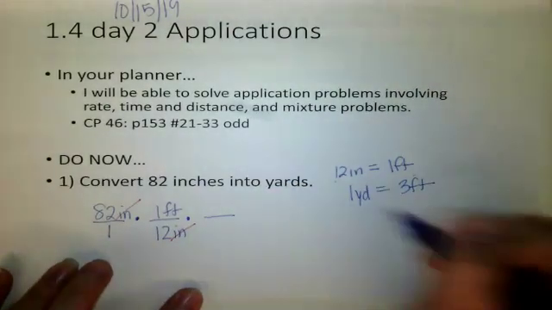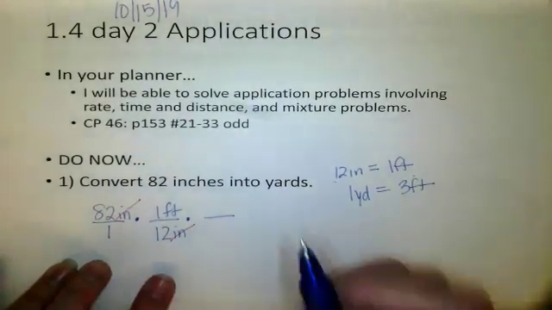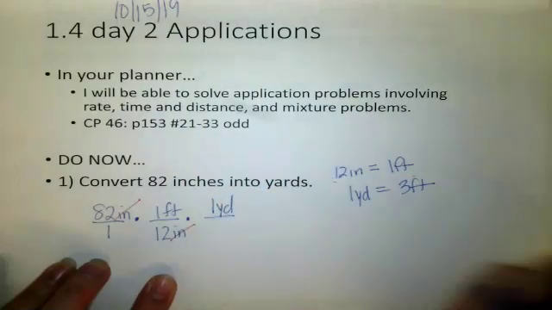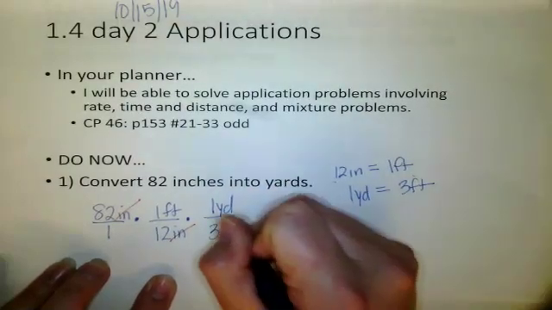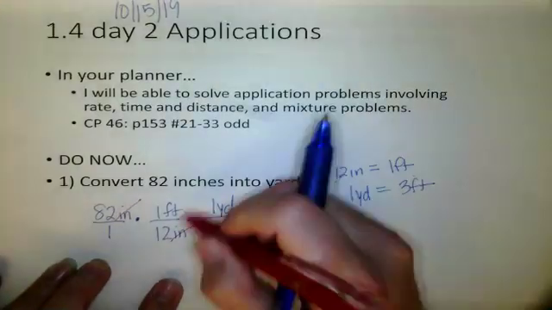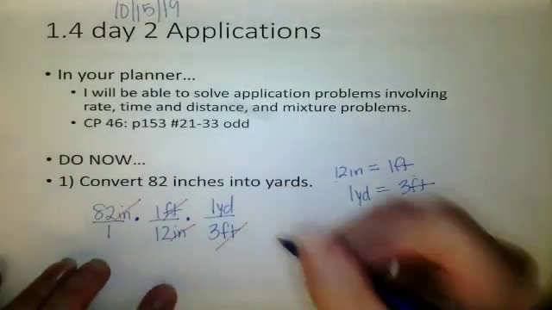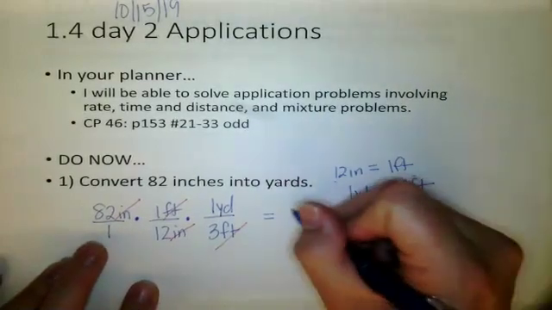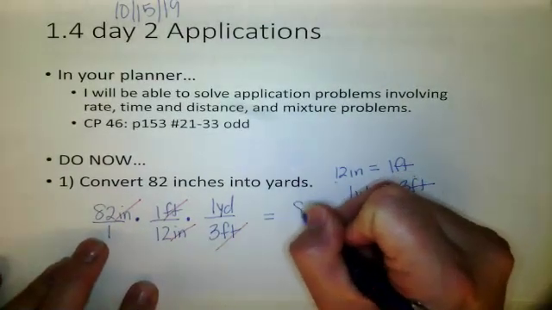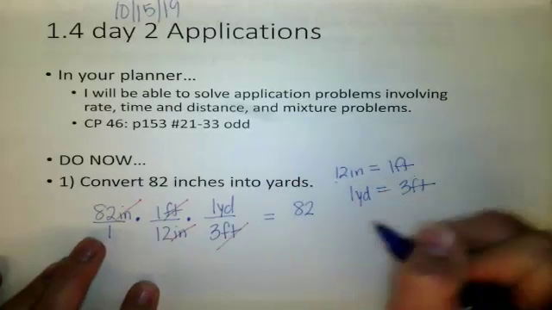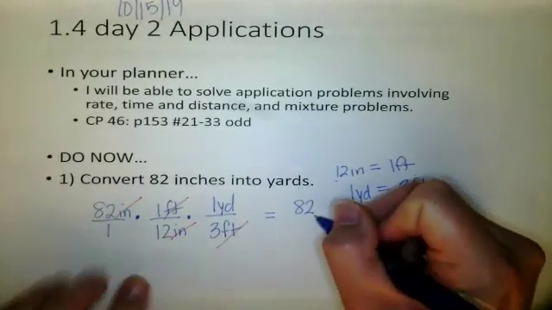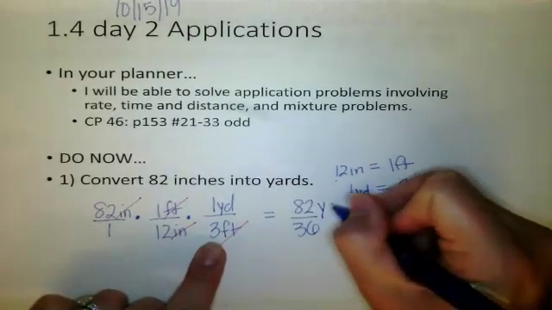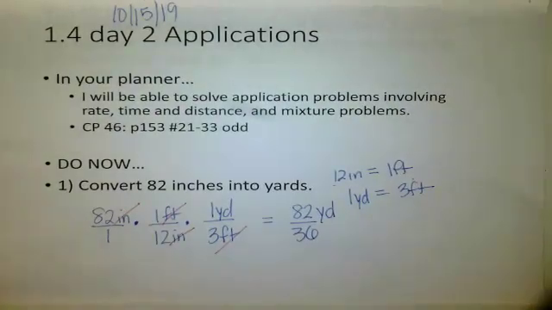So I'm going to multiply by another equivalent fraction of 1 yard is the same as 3 feet. And so again, now my feet on top and feet on bottom cancel out, and I'm left with units of yards, which turns out to be exactly what Trinity said, which was take 82 and then divide it by 36 because there are 36 inches in a yard.